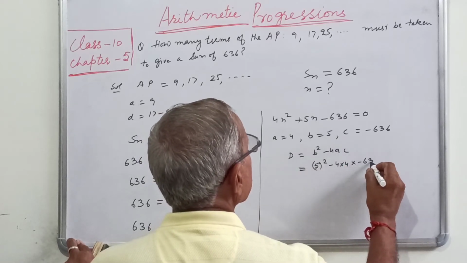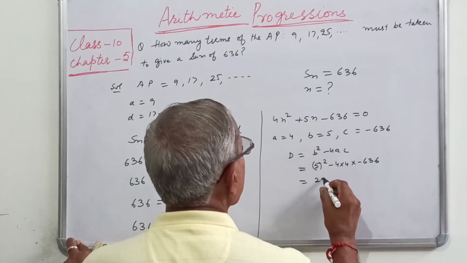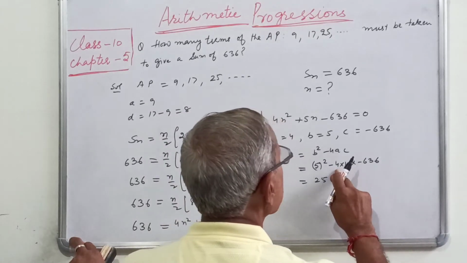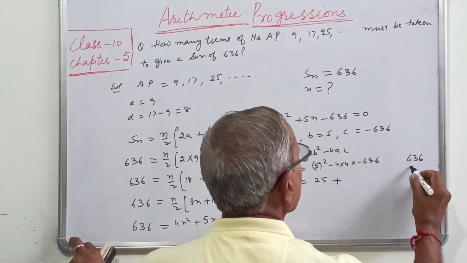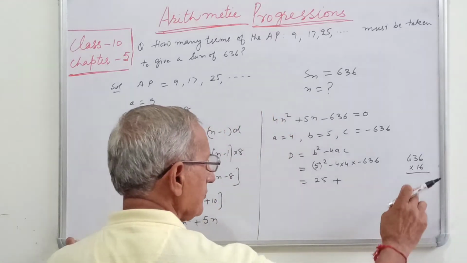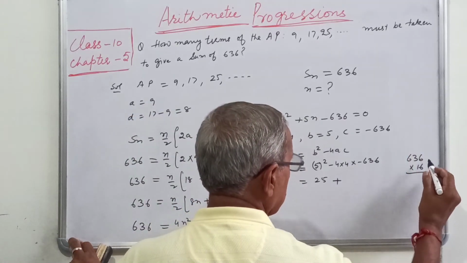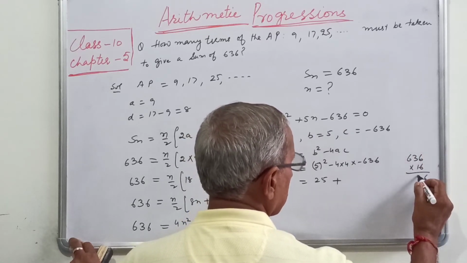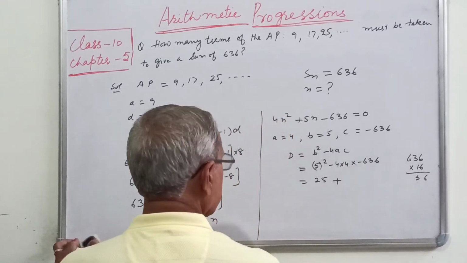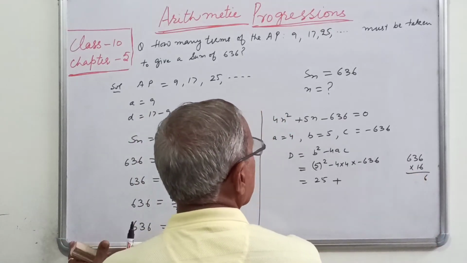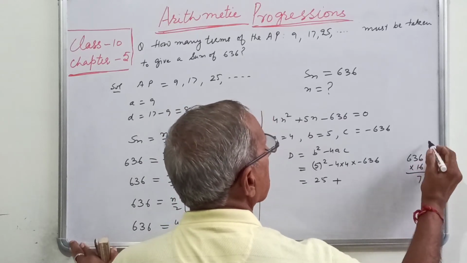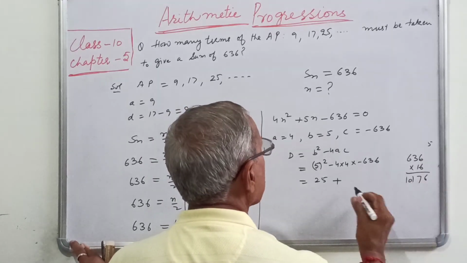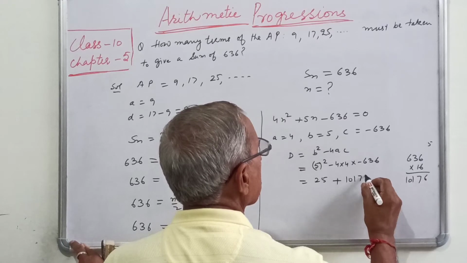तो 25 प्लस 4 इसको मल्टीप्लाई किया 4 into 4 16, 636 को 16 से मल्टीप्लाई किया, 16 6s are 96, 16 3s are 48 plus 9 is 57, 16 into 6 96 plus 5 101, 101.